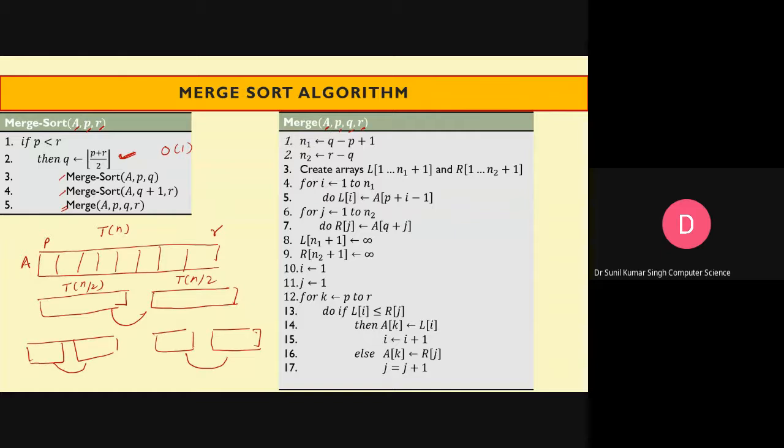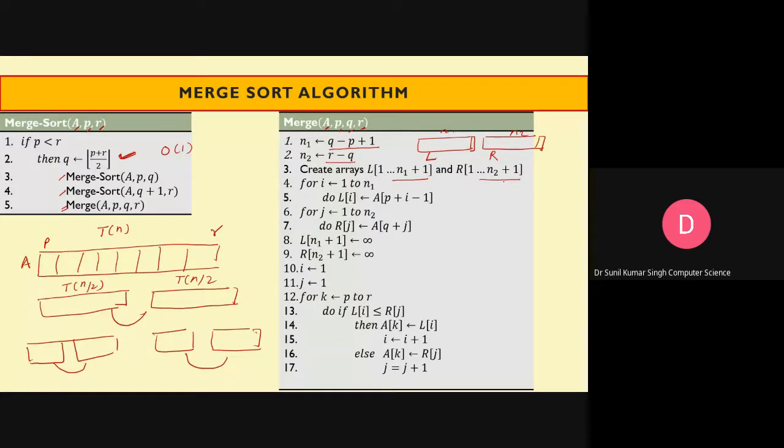Now look at merging. Here we have two numbers n1 and n2, the lengths of the divided sublists. If we divide them into two parts and call them L and R, then their sizes are n1 plus 1 and n2 plus 1.